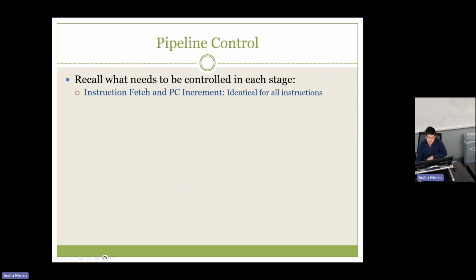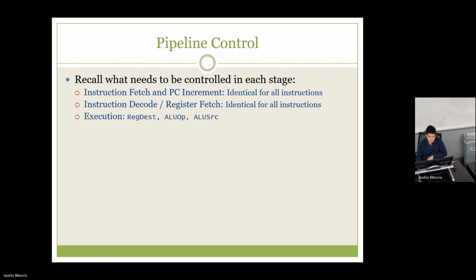So these are just recalling the different control signals. And it's talking about for the different stages, what are the control signals for instruction fetch? It's the same for all instructions. For decode, I don't need any specific control signals.